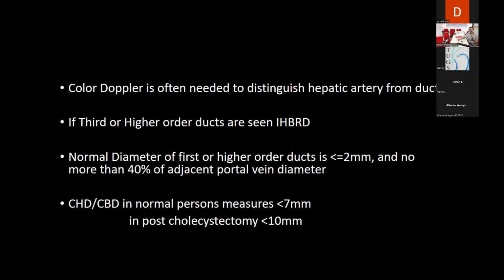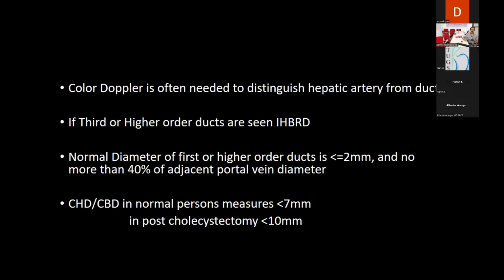Now, the normal diameter of the first order or second order duct is less than 2 millimeters and no more than 40% of the adjacent portal vein diameter. But if you have a bile duct obstruction, then you have a bile duct which is almost the same size as the portal vein. This gives rise to various signs on ultrasound, like the shotgun sign, where you see two parallel structures.